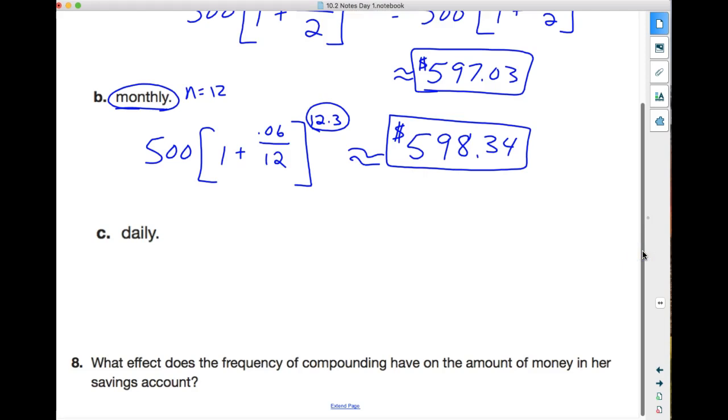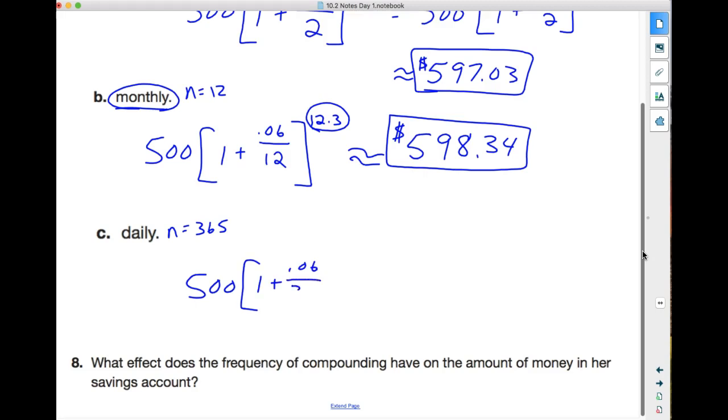Daily. What is N for daily compounded? How many days are in a year? 365. So this is N equals 365. It's the same formula. And this is a nice thing with the CAS or the regular Inspires, 0.06.